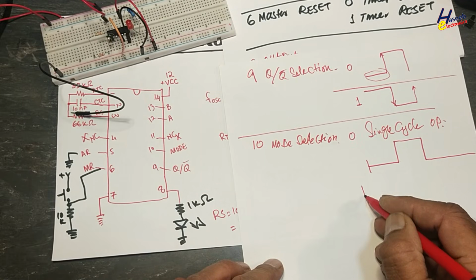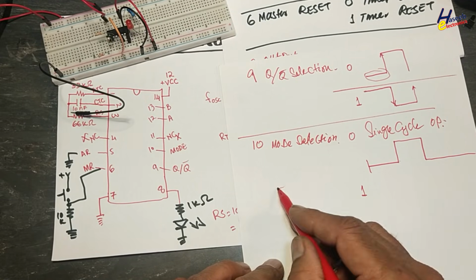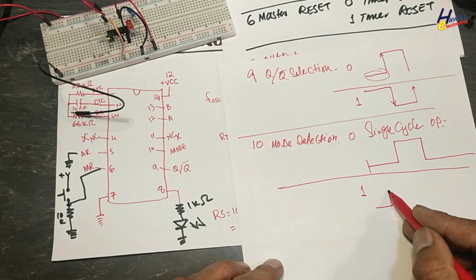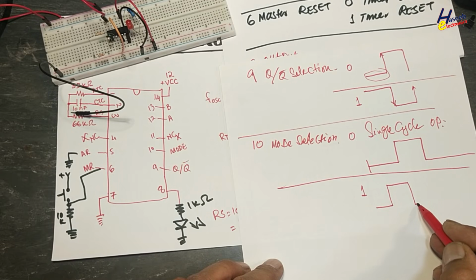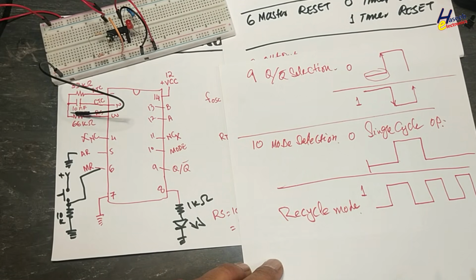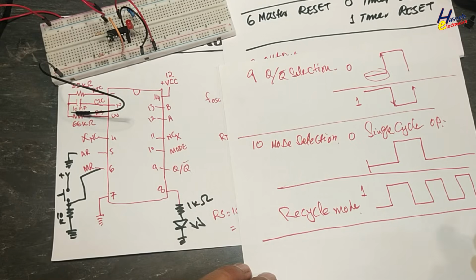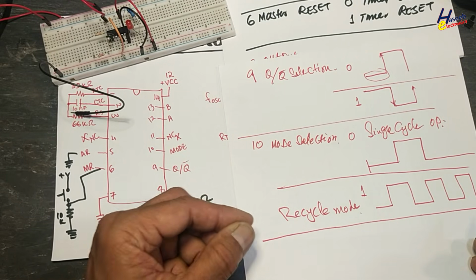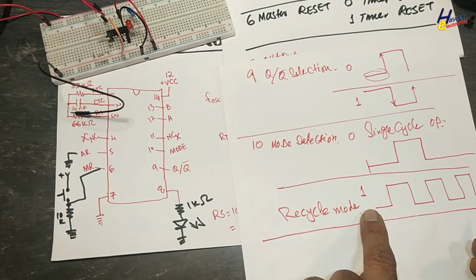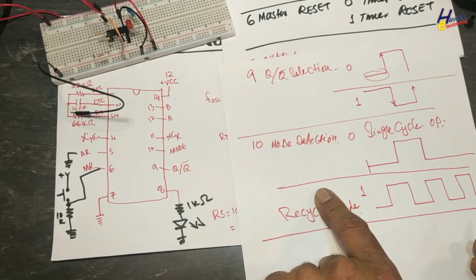If we connect pin number 10 to high, this IC will start counting after the number of pulses. It will repeat. So it is recycle mode. If we want to divide any high frequency to low frequency, we select pin number 10 to high, so it will work in recycle mode.